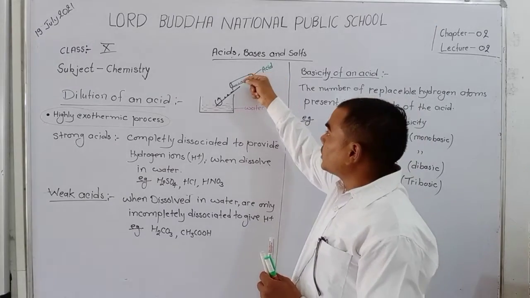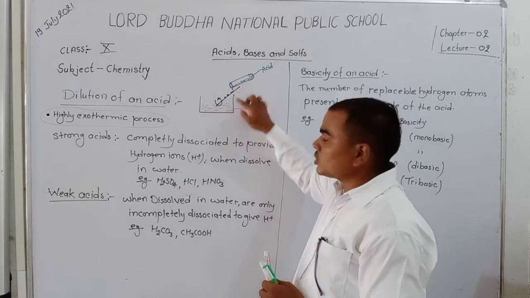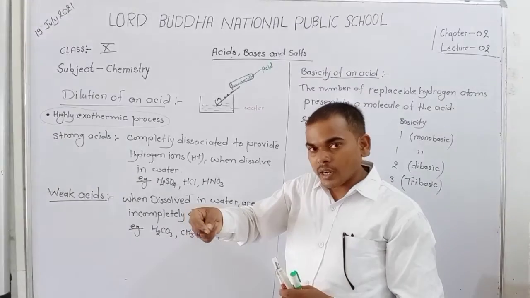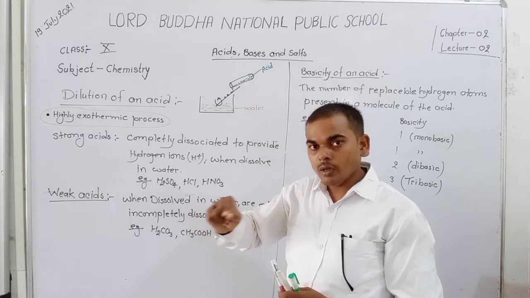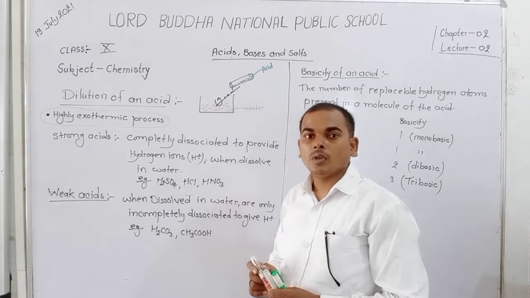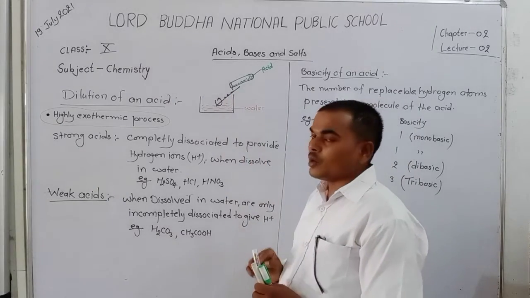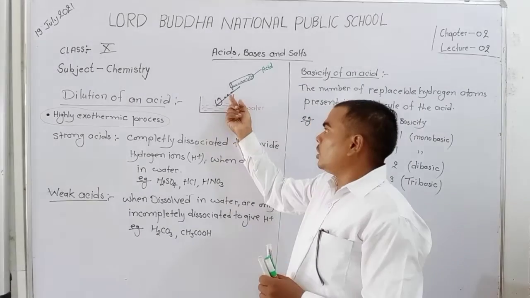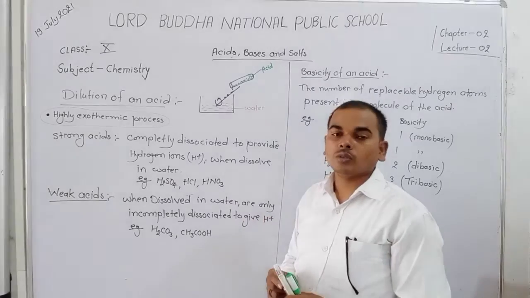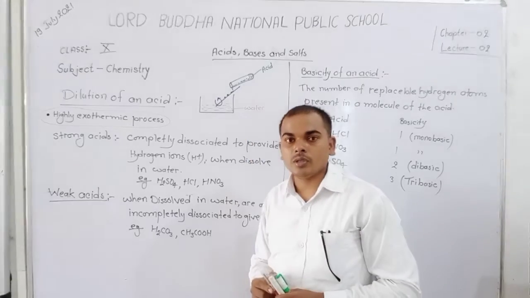then add acid drop by drop with the help of a glass rod and constantly stir the solution, and our acid becomes dilute. Because when you add acid drop by drop in water, the heat energy produced by the dilution is absorbed by the water.